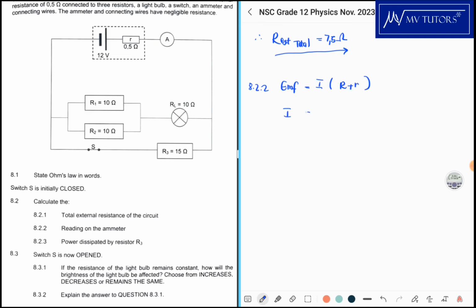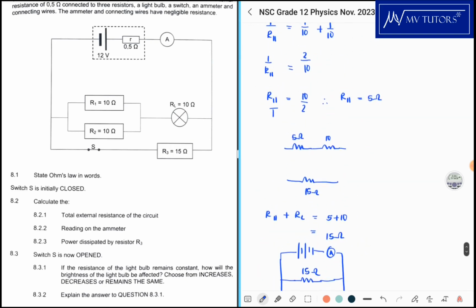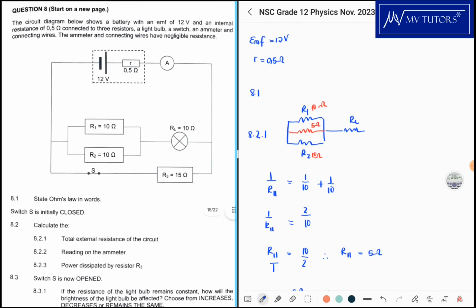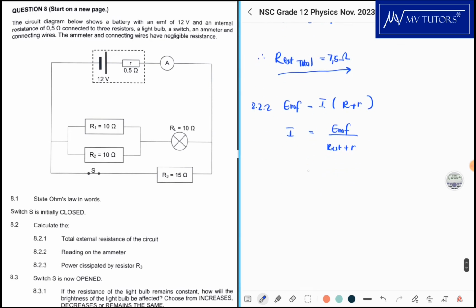So the current is basically the EMF divided by our external resistance plus the internal resistance. Okay, and we did summarize it on top there, that the internal resistance is 0.5 and the EMF is 12. And we just calculated the external resistance.